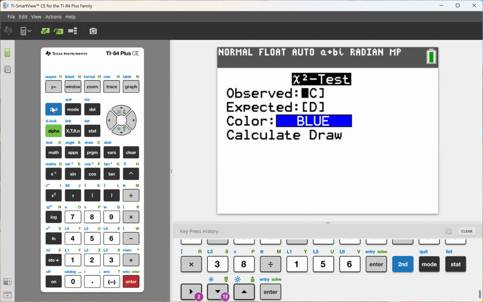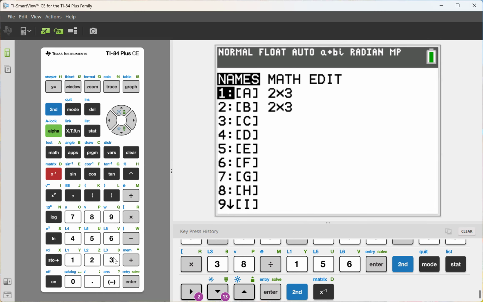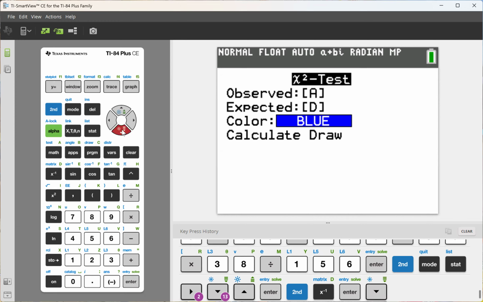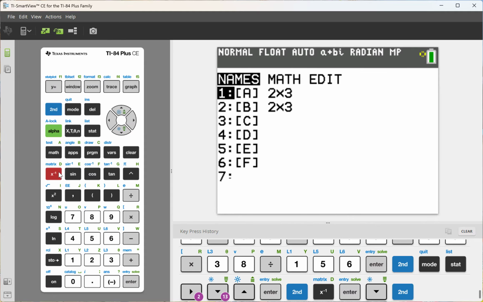So I go second matrix number 1. So now the observed values, what we observed, was in that first matrix. The second table that we created, that's in matrix B. So I go second matrix 2B.